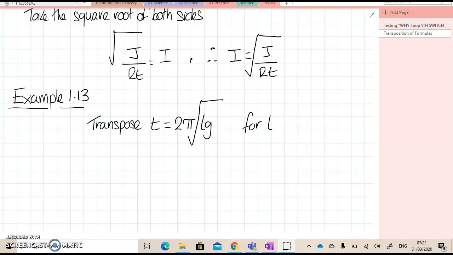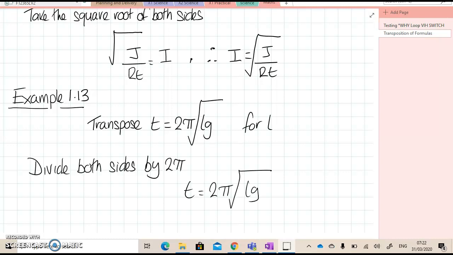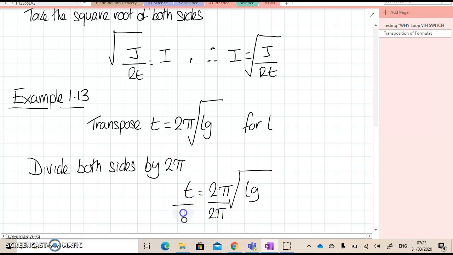In this second example, T is 2 pi times the square root of LG. This time we're going to transpose this formula for L. So we want to get rid of 2 pi, so divide both sides by 2 pi, and that will cancel that out.